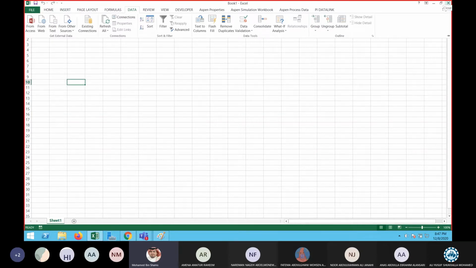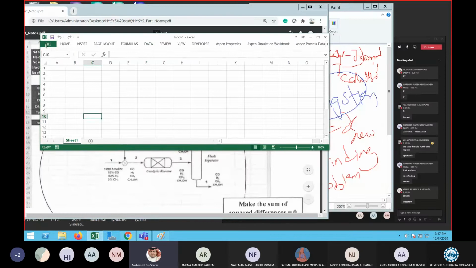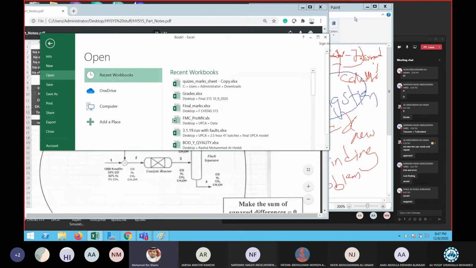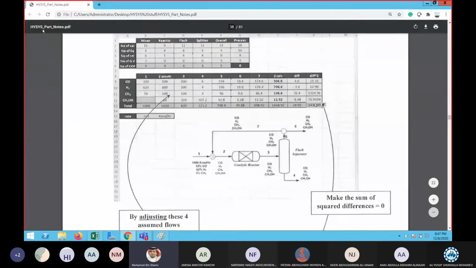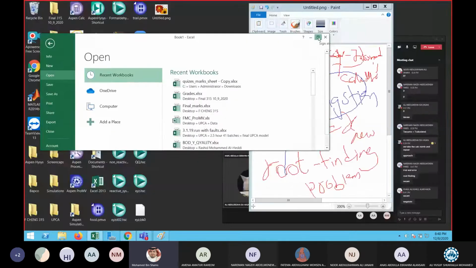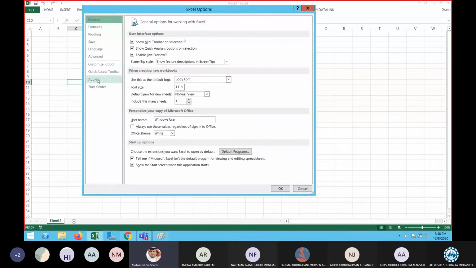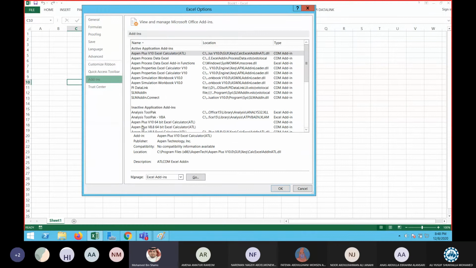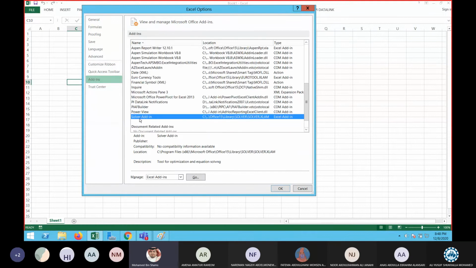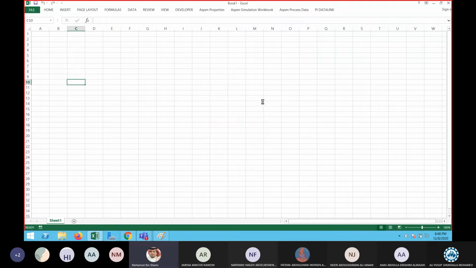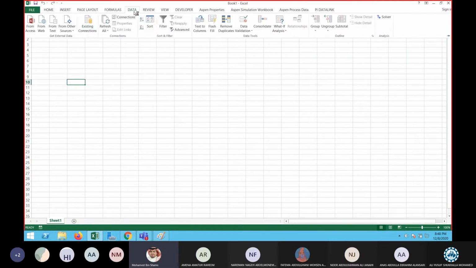If you cannot find the solver, then you can install it by going to options, and then going to the add-ins. Here is an add-in in Excel, and then you will find it here, solver. And then you go, and then you take the solver, you say okay. And when you go to the data you will find it. Okay, you will find it under the data.